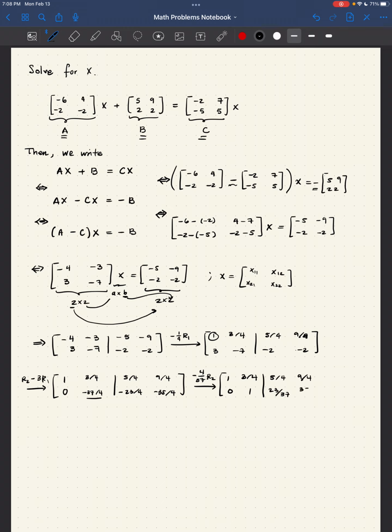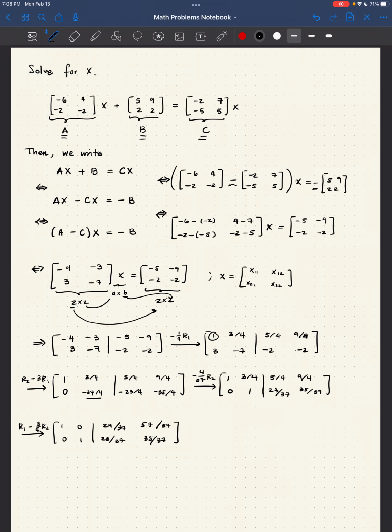And lastly, from R1 I subtract 3 quarters of R2, thus resulting in 1, 0, 0, 1, followed by 29 over 37, 57 over 37, and 23 over 37, lastly 35 over 37.